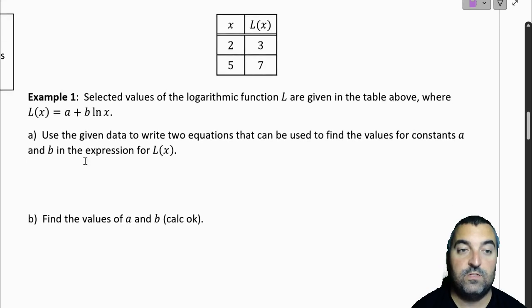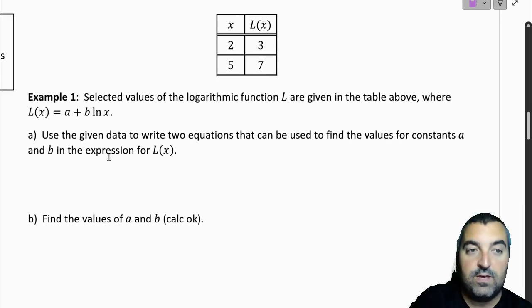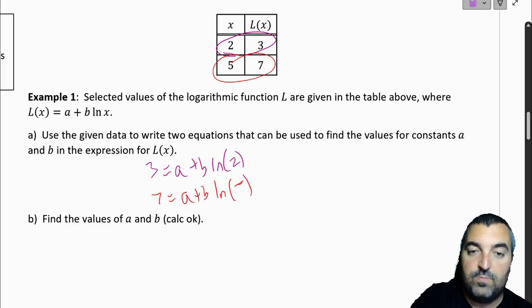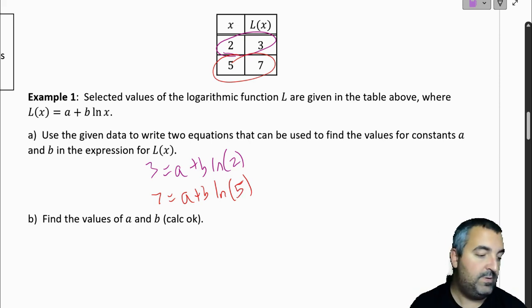First we're going to write two equations using the constants a and b, plugging in for x and y. The first point gives 3 equals a plus b ln of 2, where x is 2. Then the second equation, same idea. If we were solving this by hand, this would help us out.